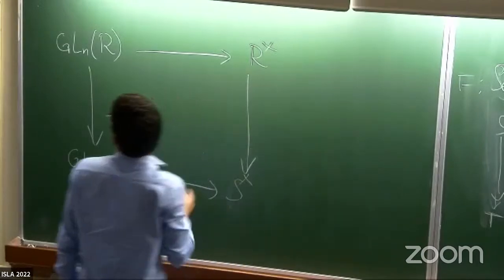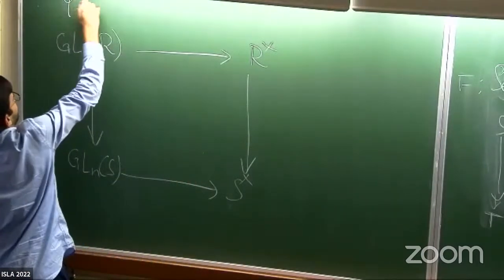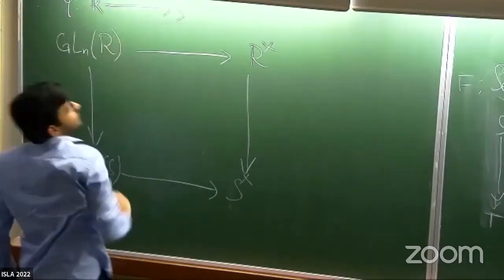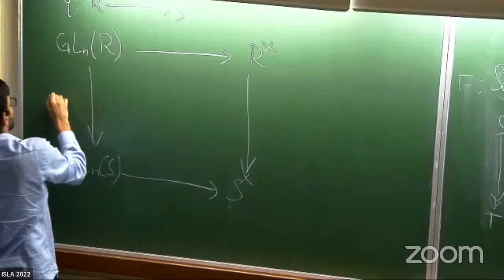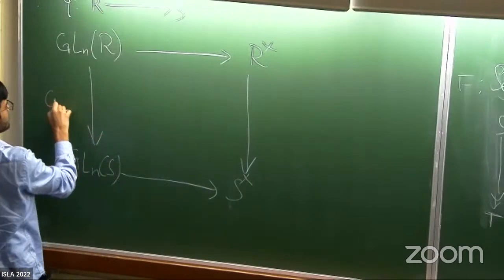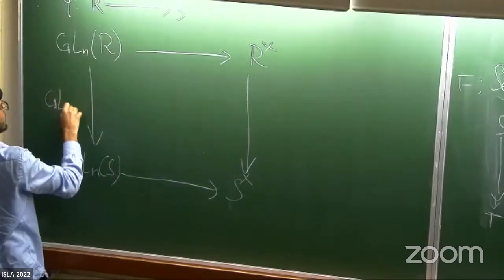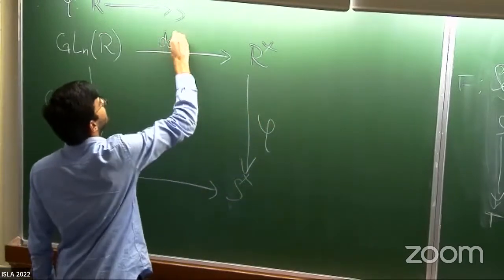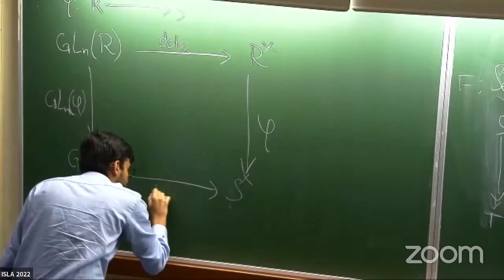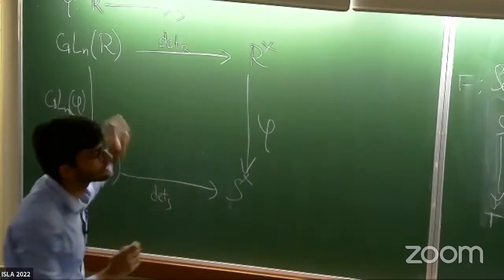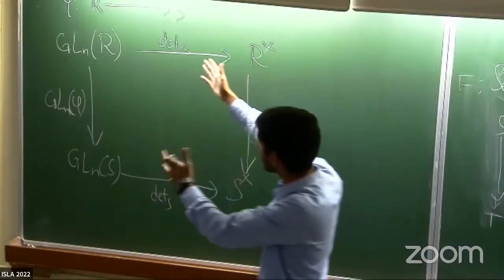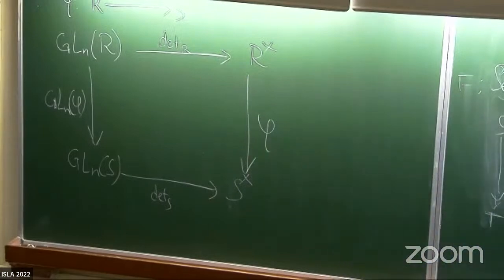And we began with a commutative unital ring homomorphism phi. And we made this diagram, GL_n phi and phi, and this is determinant for ring R, this is determinant for ring S, and we said that this commutes.